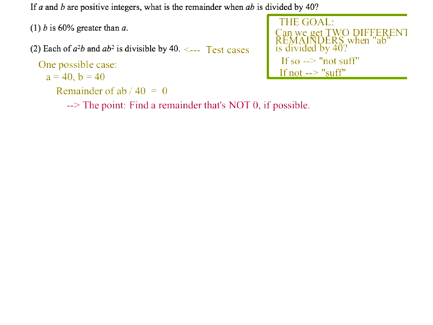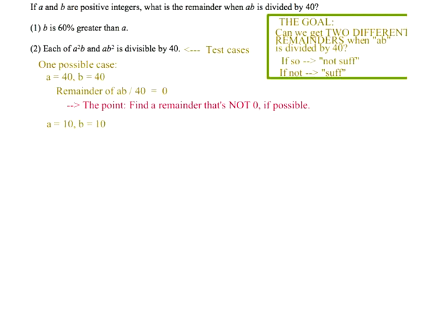Well, if we think about this, we need the squares to be divisible by 40, at least one of the squares times the other number. So you may have to play around with numbers for a little while trying to get this to work, but if A and B are both 10, then both of those numbers are 1,000.